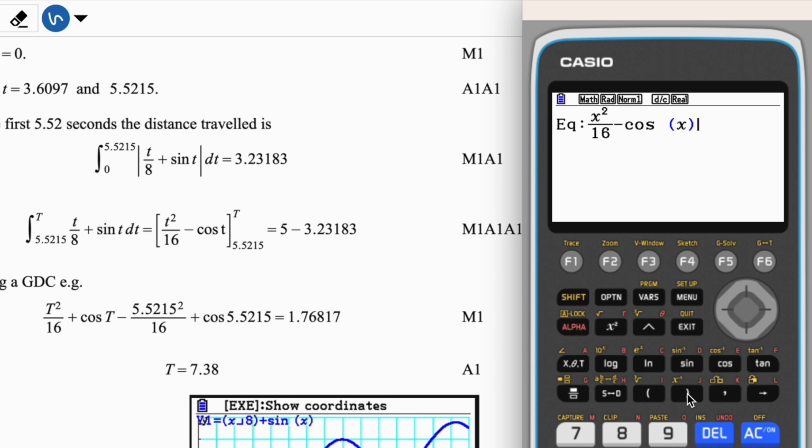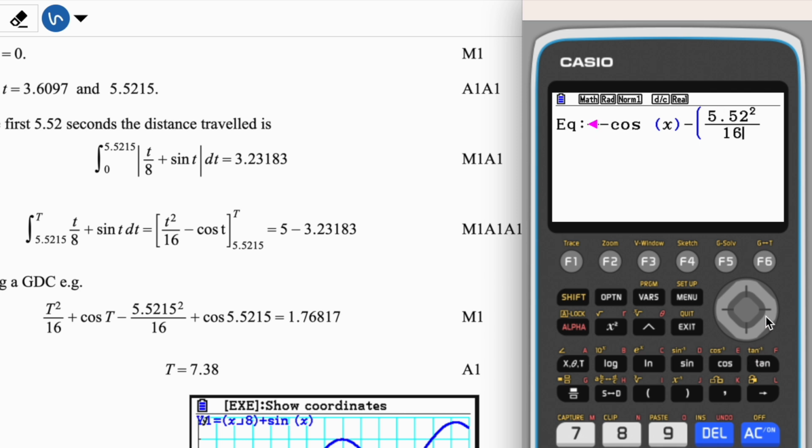That's the variable we are looking for. Now minus, because this is the upper limit. Now I'm going to enter the lower limit, minus. I'm going to use the bracket because there is a minus in the second term. So here you can enter 5.52.